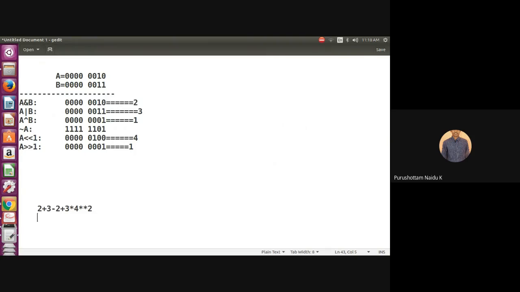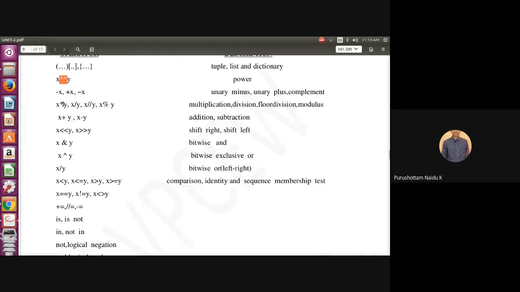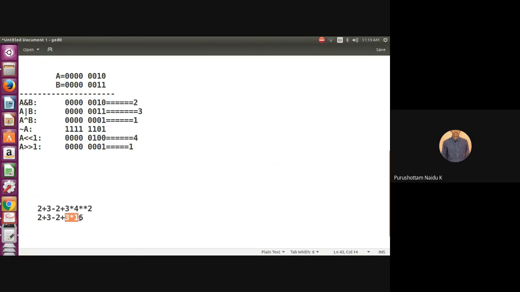Now the next highest priority is star, then we have plus and minus. That's why the star is evaluated first. That means 3 star 16 equals 48.